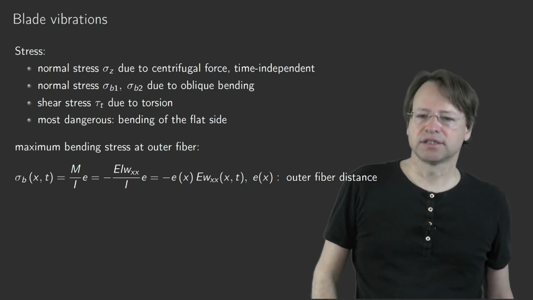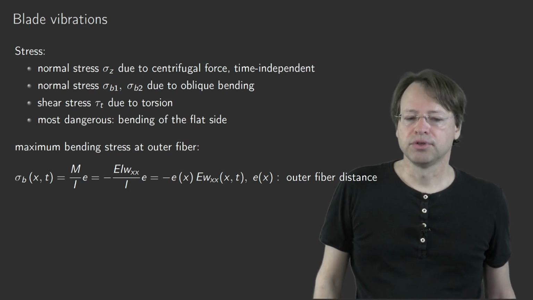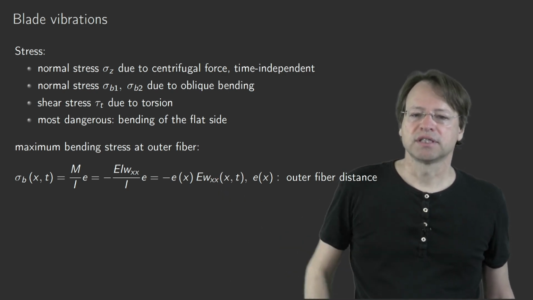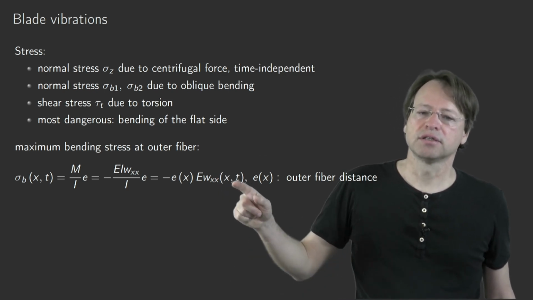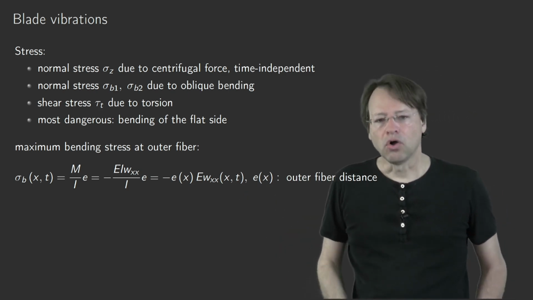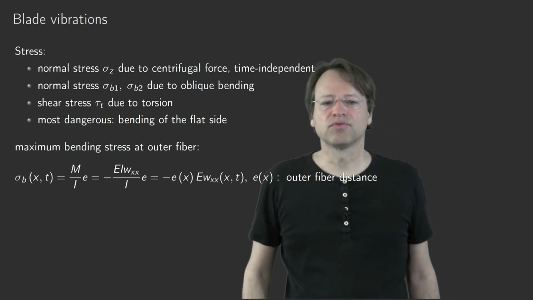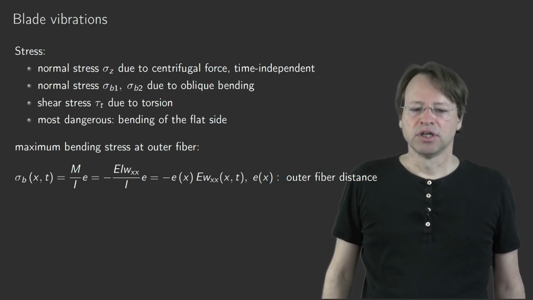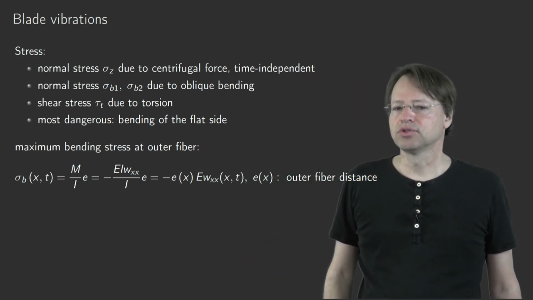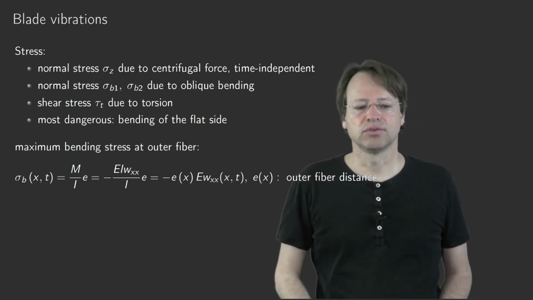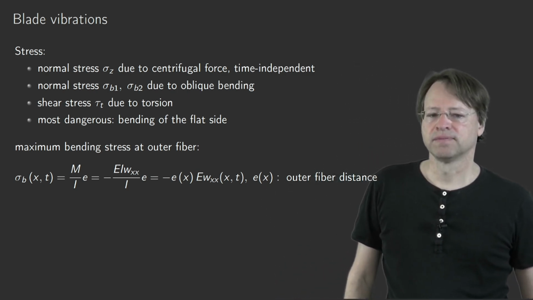So the task for bending is to compute this second derivative, and this is the solution of the equations of motion. However, now it is the equations of motion for forced vibrations. So we need to compute the second derivative of the solution for forced vibrations.